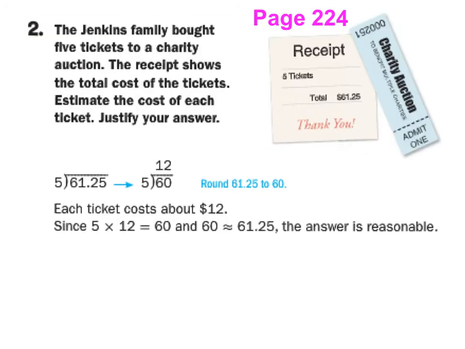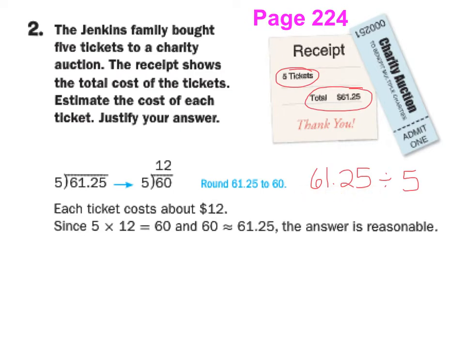The Jenkins family bought 5 tickets to a charity auction. The receipt shows the total cost of the tickets. So there's our total cost, $61.25. Estimate the cost for each ticket then. So we sold 5 tickets. $61.25 is not all that friendly to divide by 5. 5 is a nice friendly number, but it sure would be nice to get rid of this decimal.